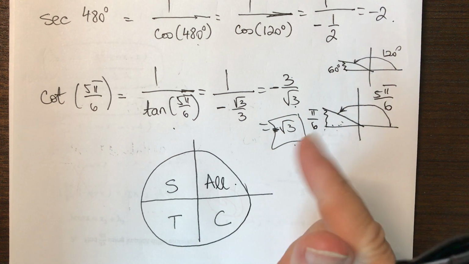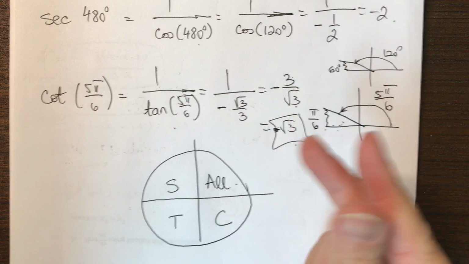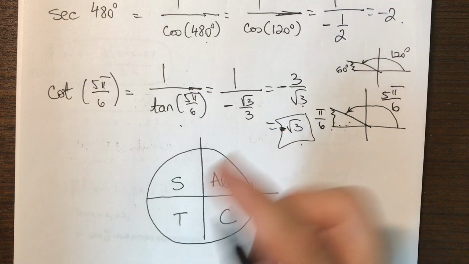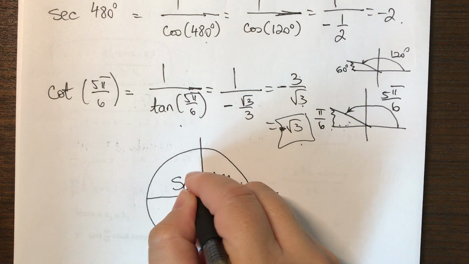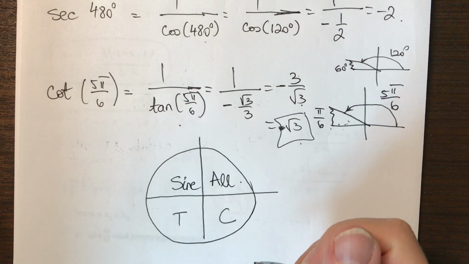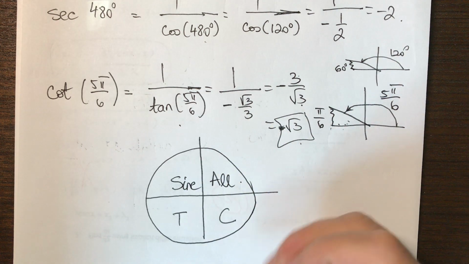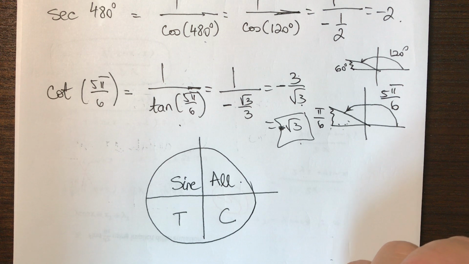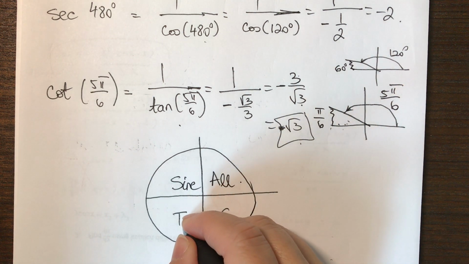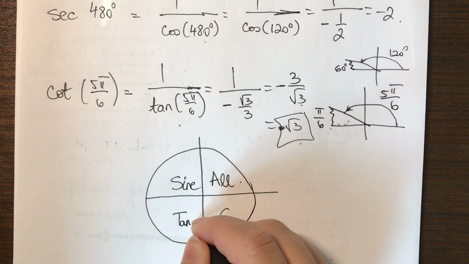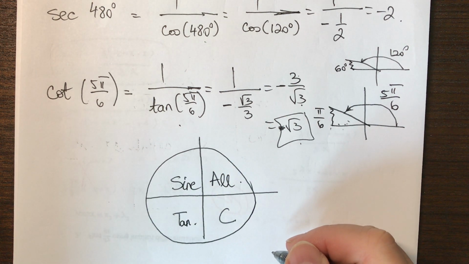In other words, sine, cosine, tangent, and of course all three reciprocals of them. Only sine is positive in the second quadrant. Tangent and cosine are negative. The only thing that's positive in the third quadrant is tangent, yes.